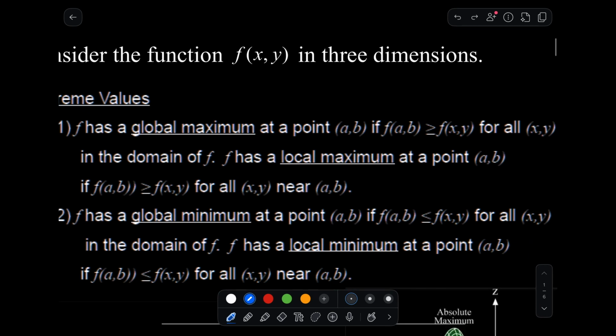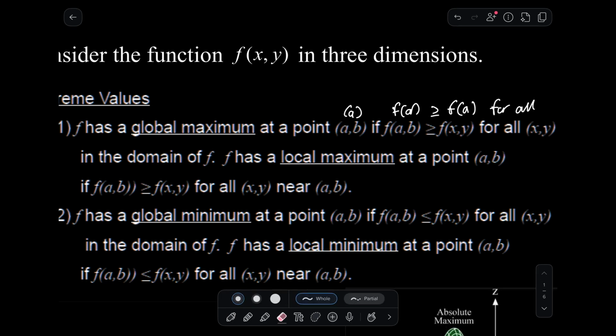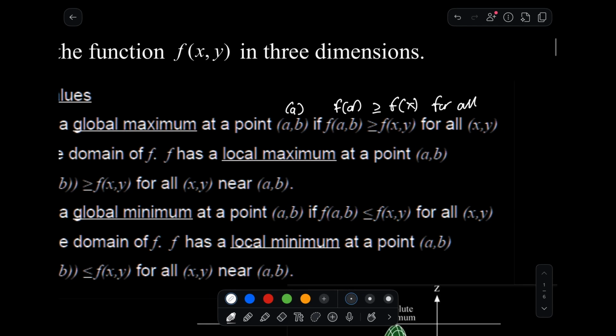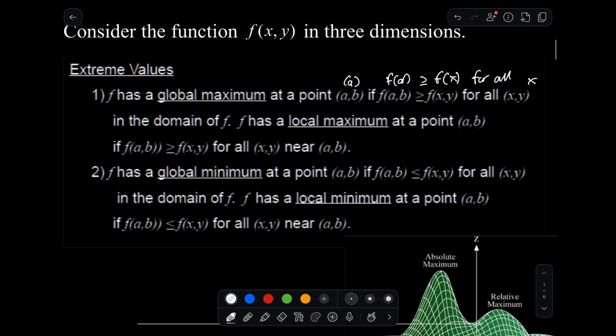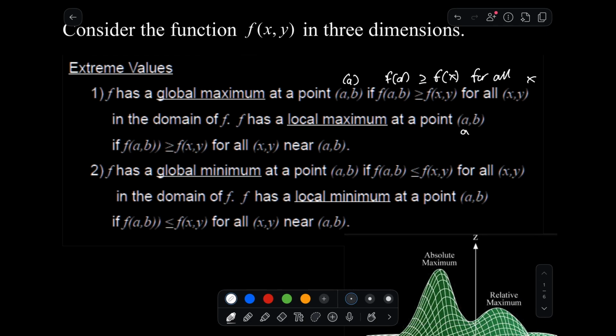But we're just going to be writing this down for the comparison to it being in 2 dimensions. f of a is greater than or equal to f of x for all x, and f has a local maximum at the point a if f of a is greater than or equal to f of x for all x near a, right?